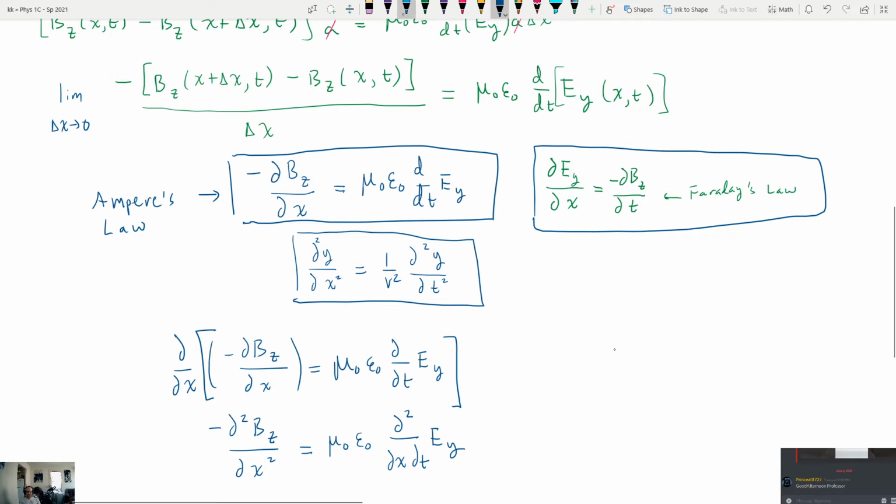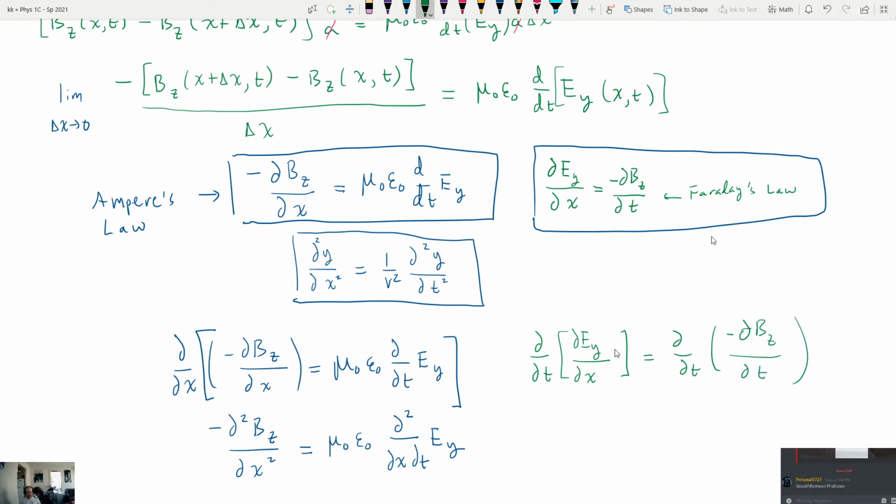And then we'll do the same thing over here with Faraday's law. We're going to take the time derivative of both sides of this one. I was confused for a second as to whether or not that negative sign should be there, but it's right, because Faraday's law has a negative sign in it.